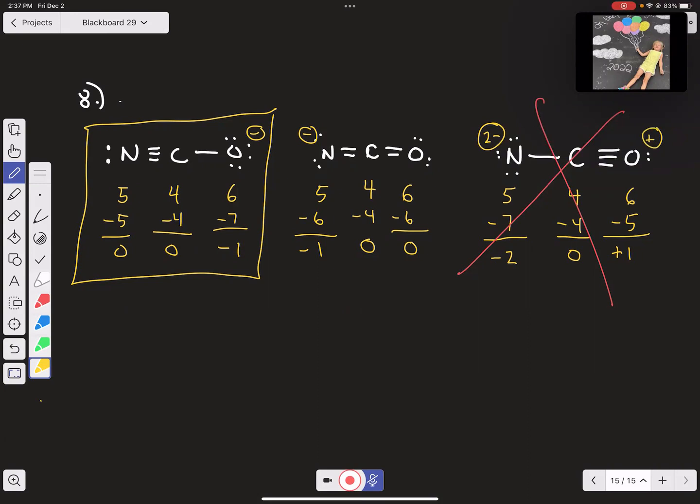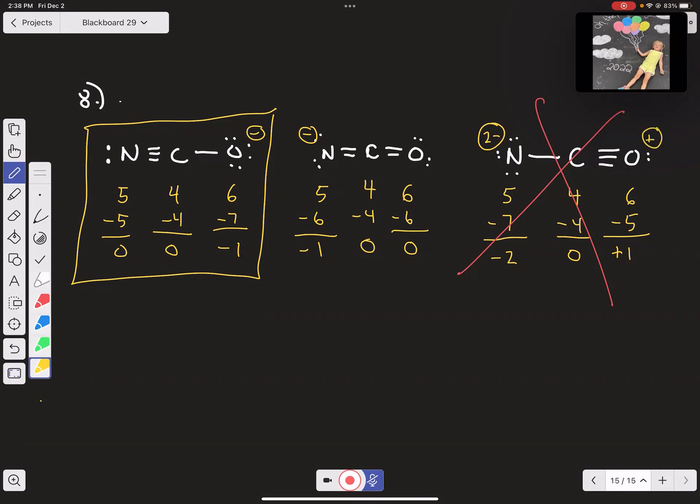Does it matter with the bonds, like how many bonds nitrogen has or carbon has? It would matter if carbon didn't have a full octet or something like that. In this case, it doesn't matter that carbon has a triple bond and a single bond or 2 double bonds, because in all 4 of those cases, carbon has a full octet.